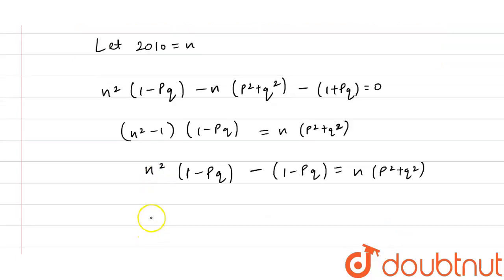Or we can write this equation as n square times minus pq, and minus n plus pq.